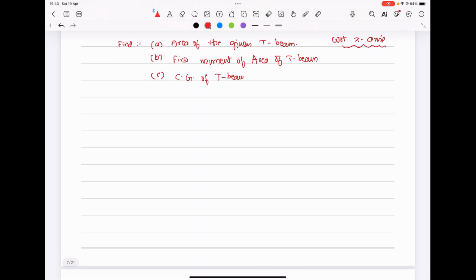Next is Ixx of the T-beam, that is moment of inertia or second moment of area of the T-beam with respect to the x-axis. Next, fifth one is ICG, that means moment of inertia or second moment of area with respect to the center of gravity of the T-beam.